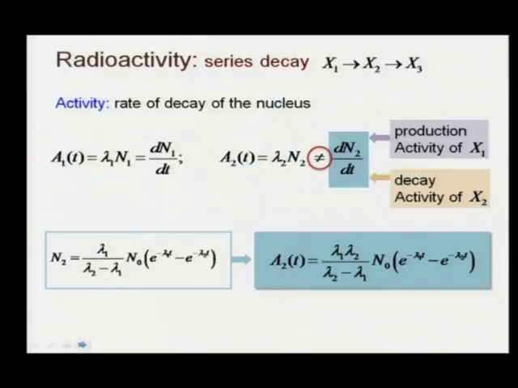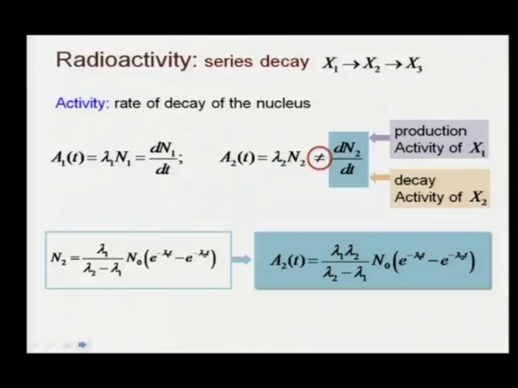But A2 can be written as lambda 2 N2, because the radioactive law always says that the activity, the number of particles which decay, is proportional to N2, the number of particles present. That is the kind of observation that we have.